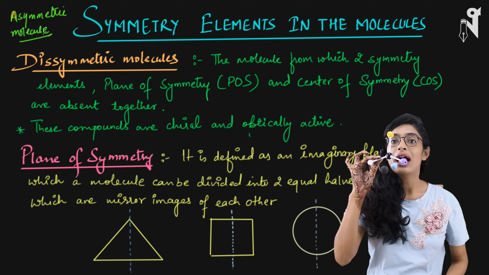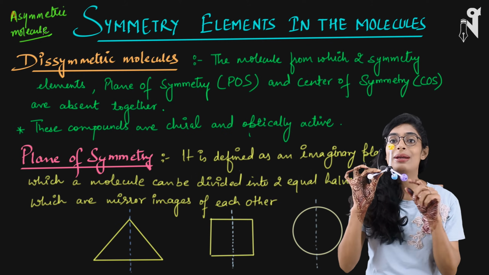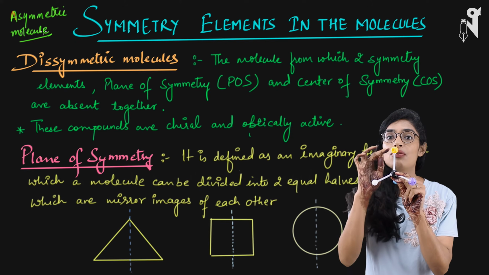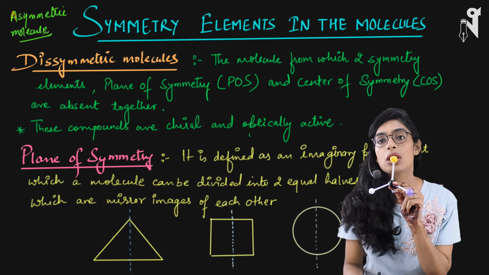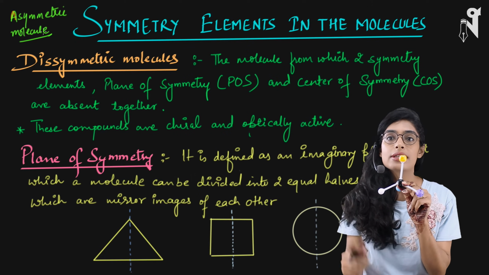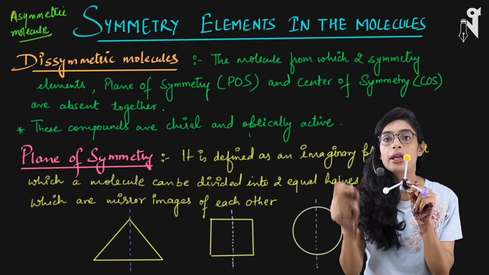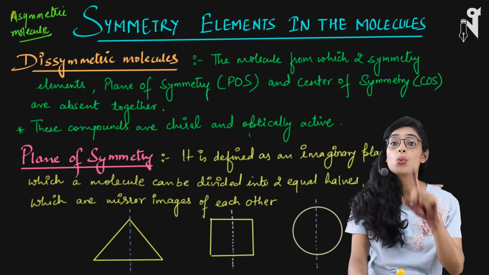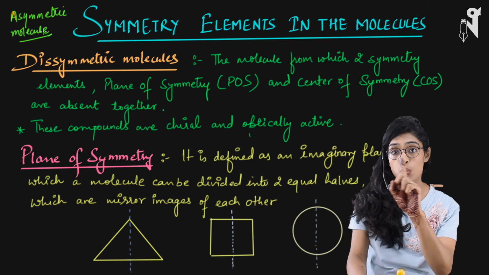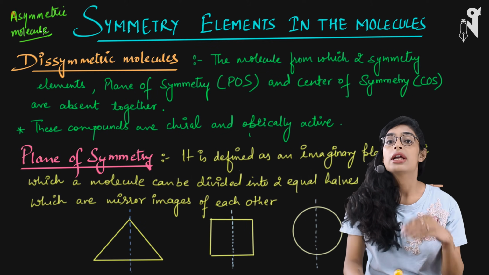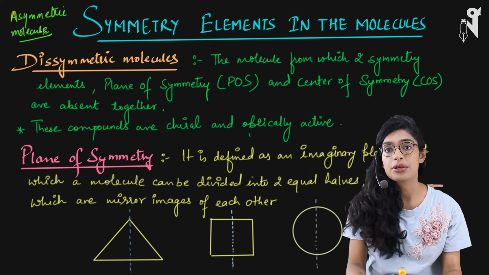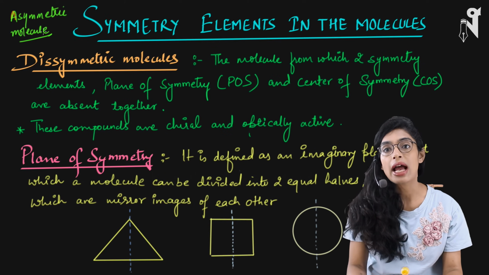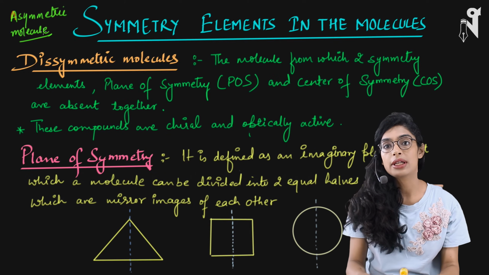We can also see one important thing: it has a carbon which has all 4 different groups present on it. So this is the chiral center, the chiral carbon. If you remember what I told you, if there is one chiral carbon in the molecule, then the molecule possesses optical activity.